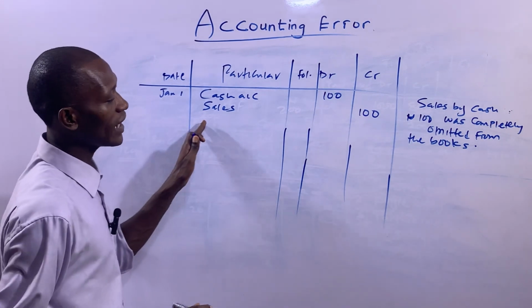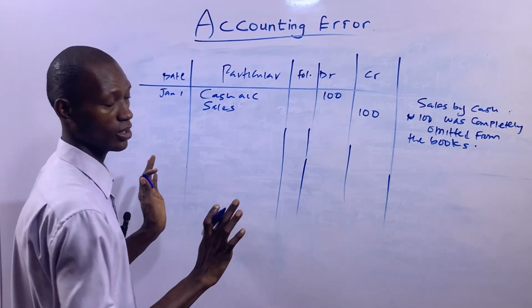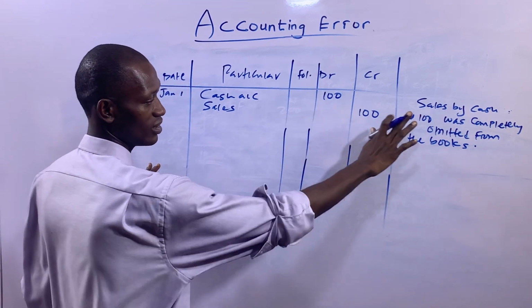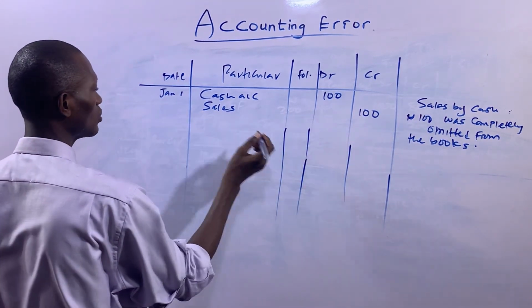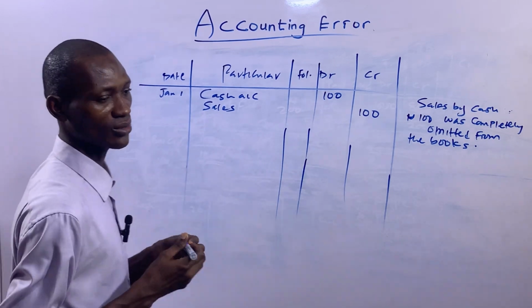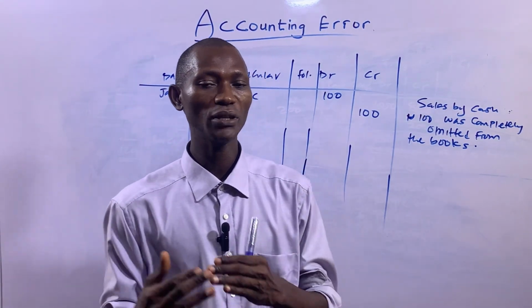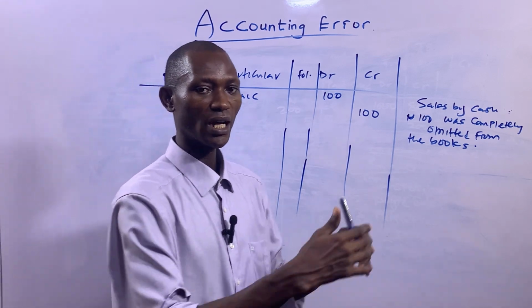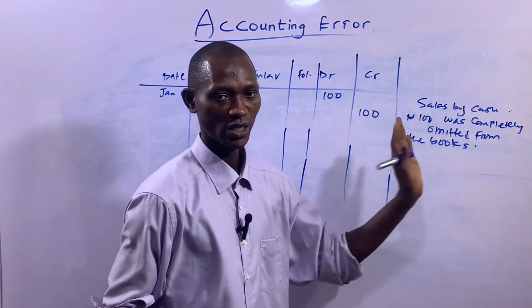You are going to make a narration after you have corrected the error. This is correction of error. We have corrected it by passing the normal entry for this transaction which was omitted. So the narration is usually short and precise and it must begin with being. So being an error of, which error occurred here? It is error of omission.